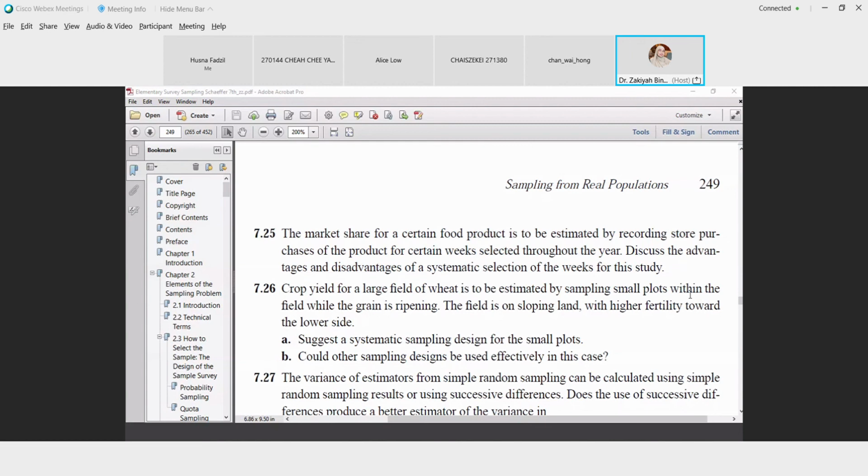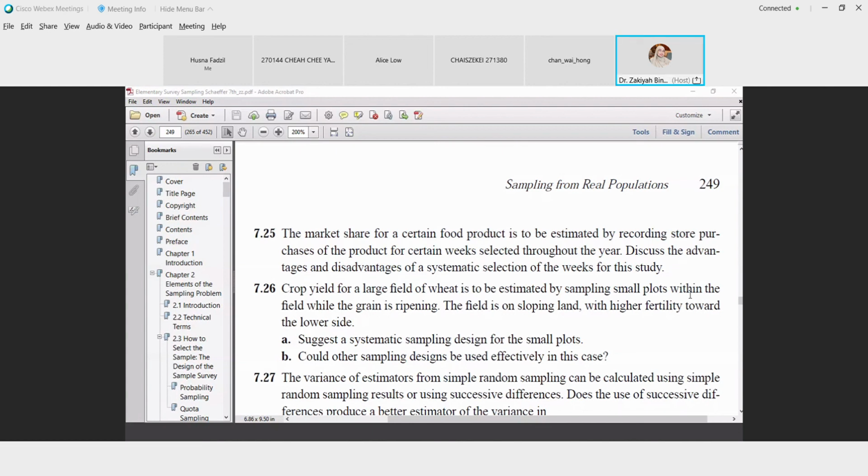Okay. Next question. Could other sampling designs be used effectively in this case? Take note, effectively. What do you all think? Can we consider stratified or not? So instead of going from top to down, maybe we can go horizontally all around it.